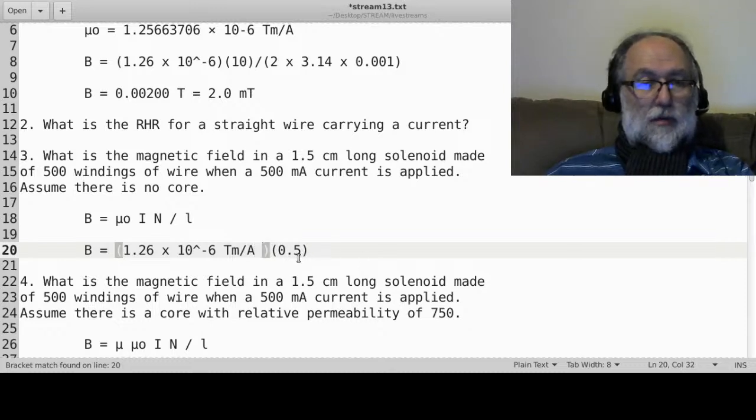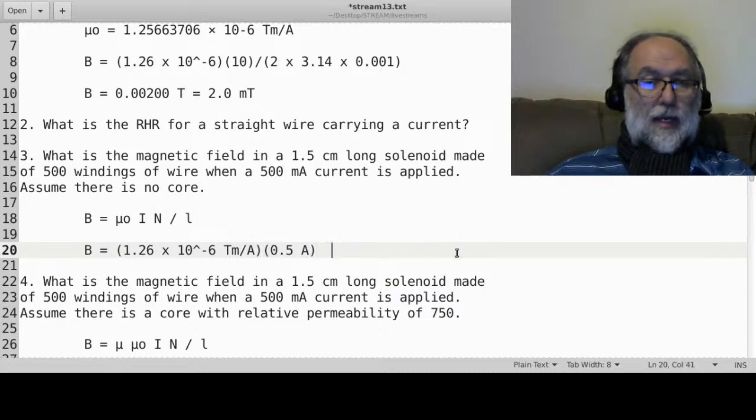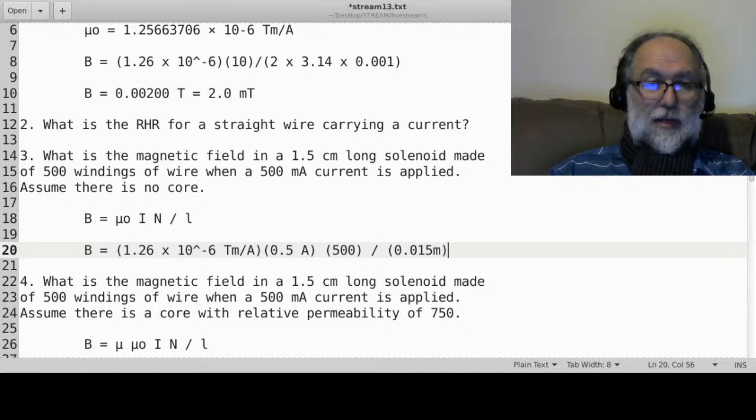Okay, so there's the units for the permeability. N is just a number. It's got no units, so it's just this 500 right here. Okay, so there's 500 there like that, divided by, and 1.5 centimeters is going to be 0.015 meters.